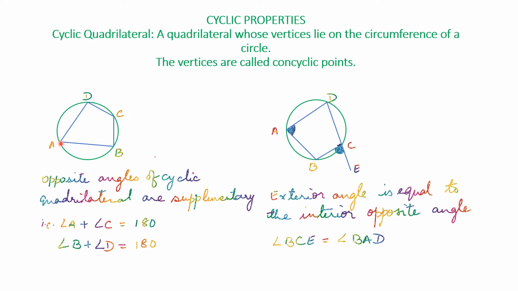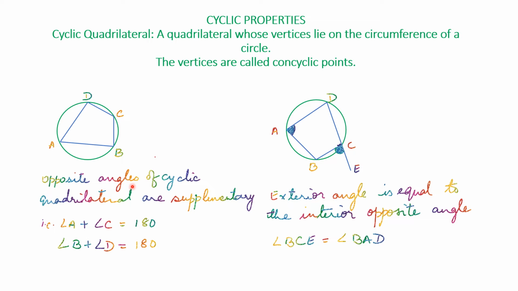You can see over here that the quadrilateral is inscribed inside the circle, or you can also say the circle is circumscribed. The vertices of a cyclic quadrilateral are called concyclic points.